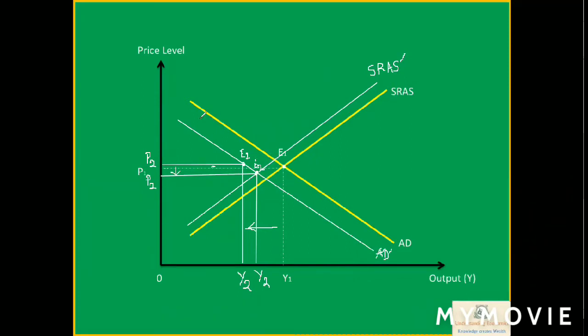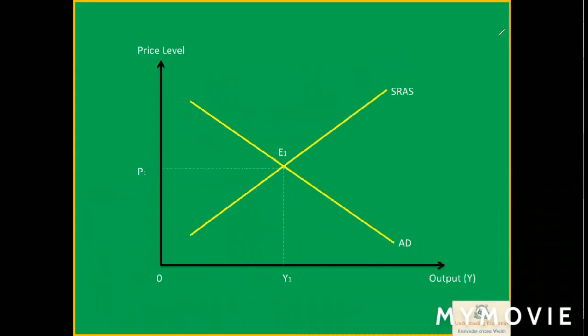Now if I am considering another aggregate demand curve, suppose I clear all this diagram and consider a smaller change in aggregate demand, because the information given to me is only that there is a decrease in aggregate demand, but it didn't tell whether the decline in aggregate demand is more or the decline in aggregate supply is more.